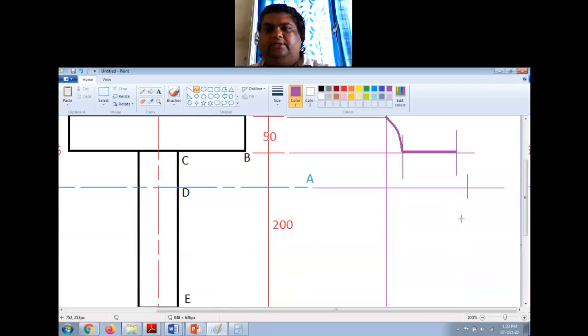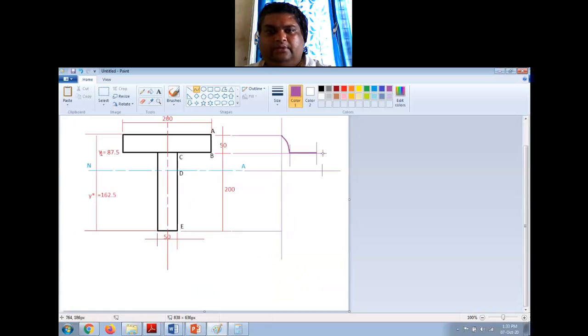Just have to show it as a curve like this, and then from here to here, right? So this is the shear stress distribution for this particular cross section, right? You have to just write the values, whatever shear stress values you have, you just have to write at these.